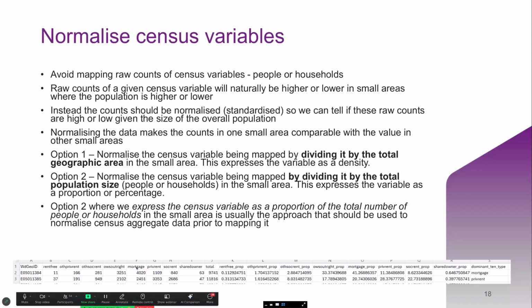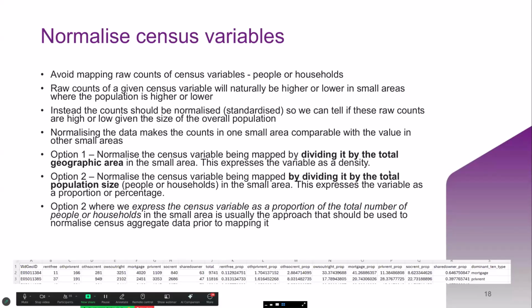This is actually showing tenure data rather than property type. But you can see the total here, in this particular ward, is about 9,500 people or households. Mortgage is about 4,000, so 4,000 divided by 9,500 gives us about 40%. So you can say that 40% of people in that ward live in households that are mortgaged.